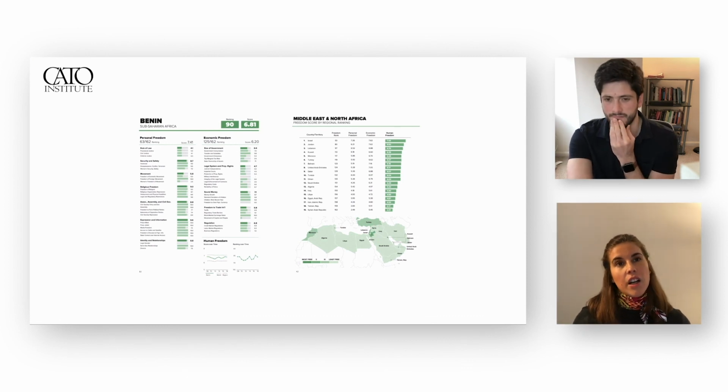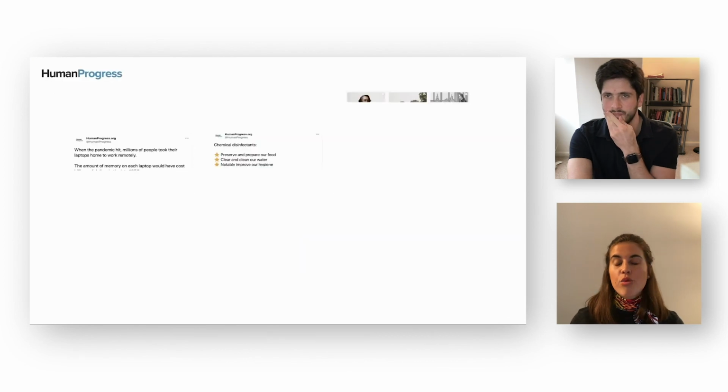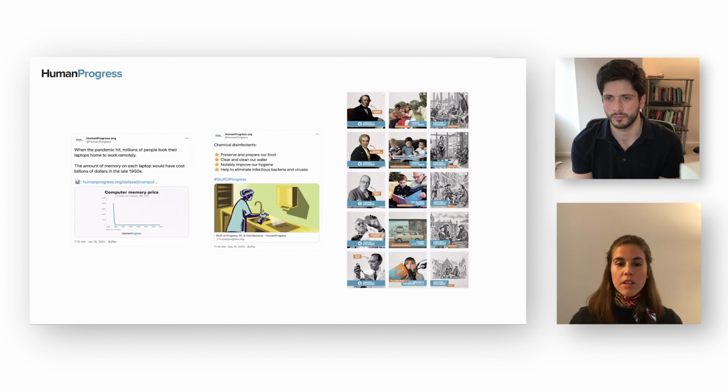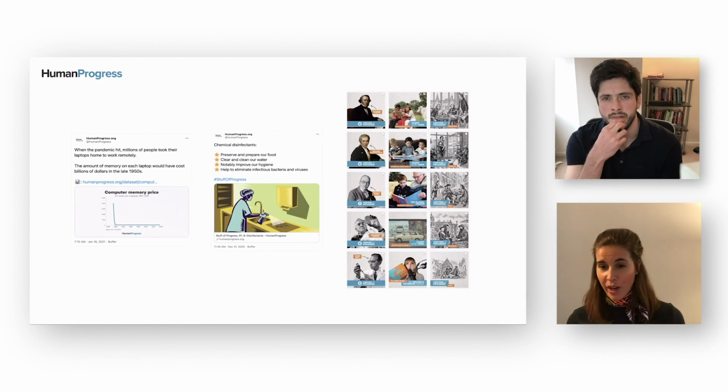And Human Progress also does a really nice job on their social media accounts. We included on the right side of the slide their Instagram account, and just by looking at it, you already see the content that's organized. And on the left side, they also do a really good job on their Twitter account, where they summarize or present some different types of data in a very innovative way.